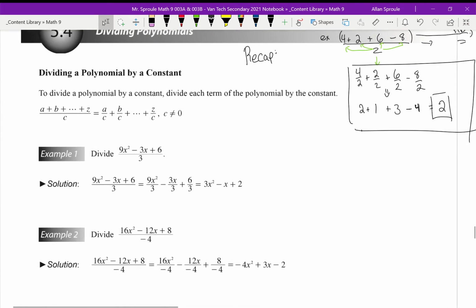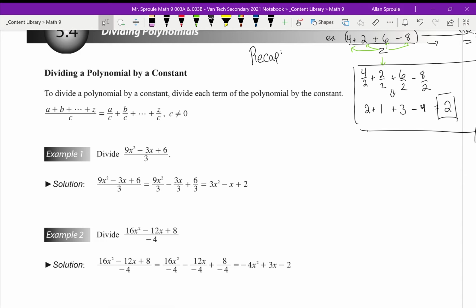That's exactly what they did here. In the example in your book, you start with 9x squared minus 3x plus 6. The top polynomial is already simplified.